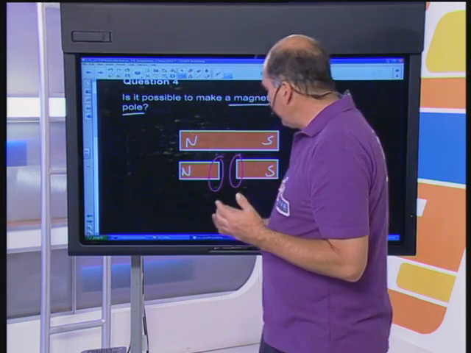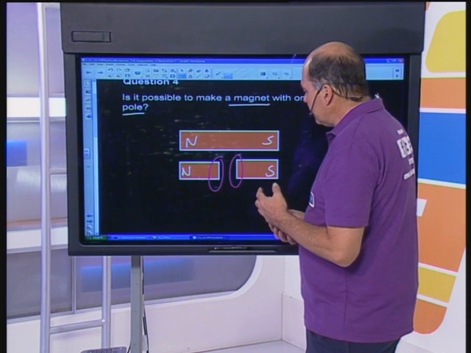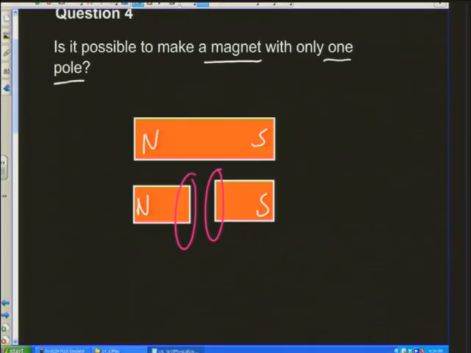What would happen? Well, maybe you're thinking that this end should be north and that end should be north as well. If that was the case, then we'd have two poles that are the same, and they would push away and pull this apart. But in the nature of things over here, there's no force pulling this bar magnet apart.